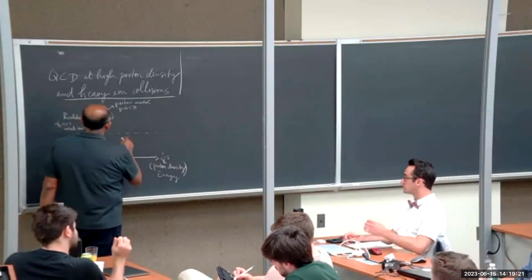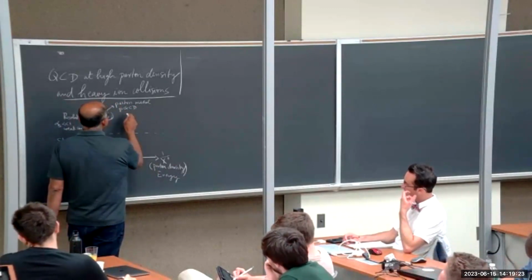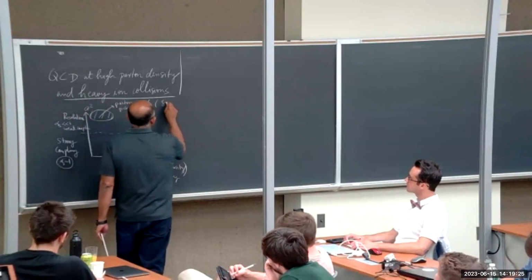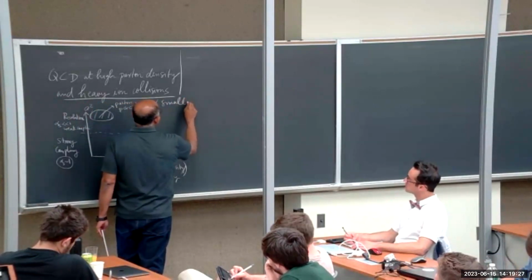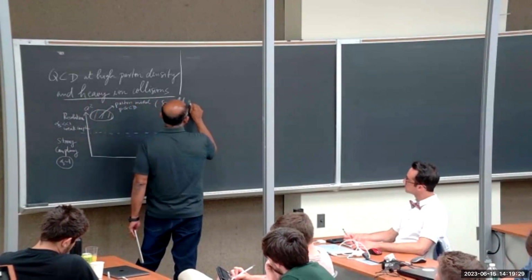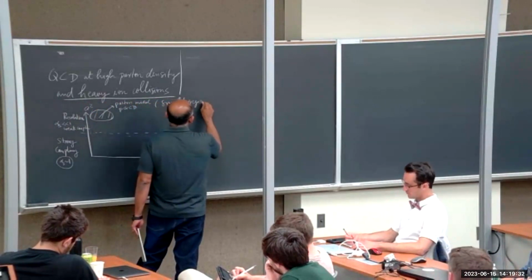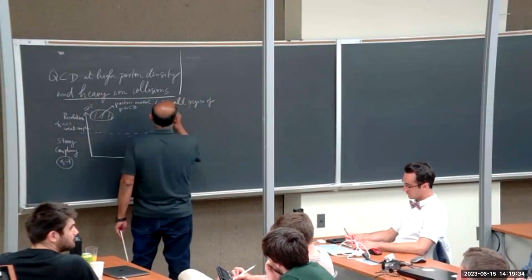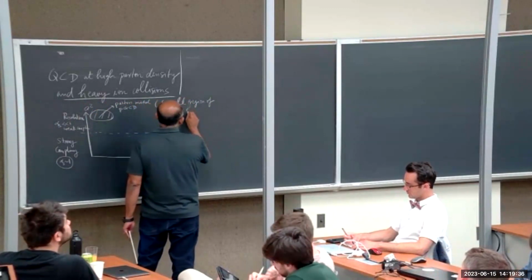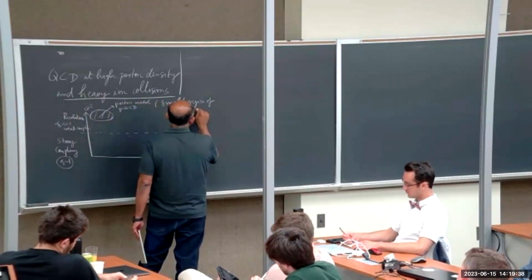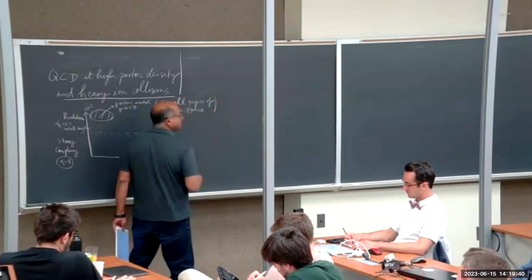Now this is a very small region of phase space, so the cross sections are very small in here.